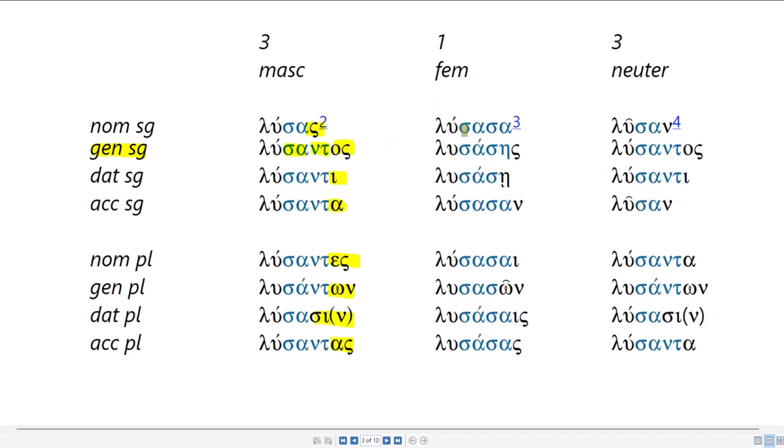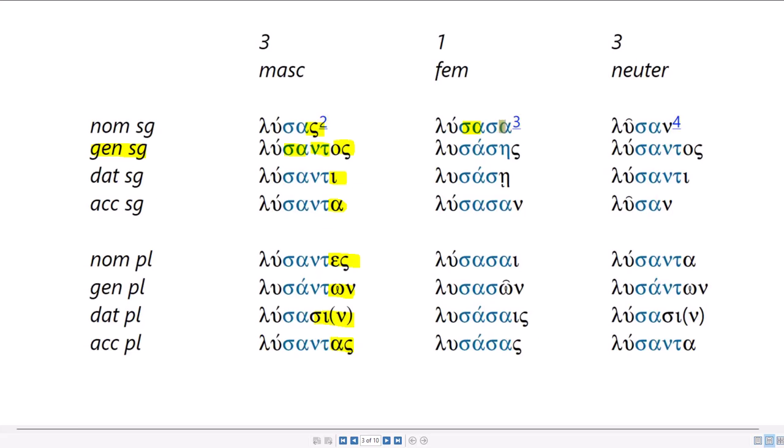For the feminines, we have the aorist tense formative, the sa, and then this interesting participle morpheme where the nu tau turns into another sa. So we have lusasa and lusases and lusase and lusasa and lusasan. Sounds like a foreign language, but these are not difficult to recognize, and that's really the main thing.